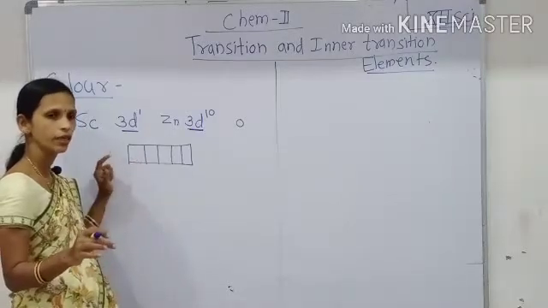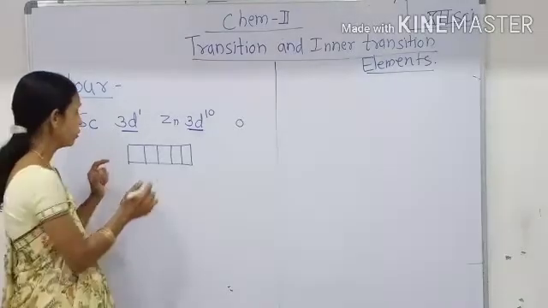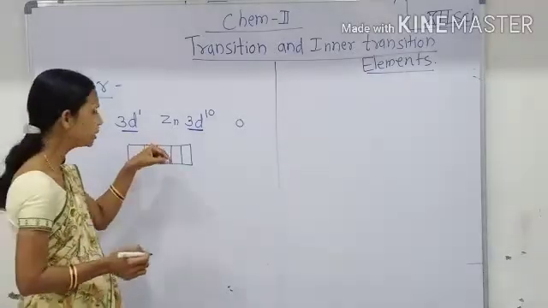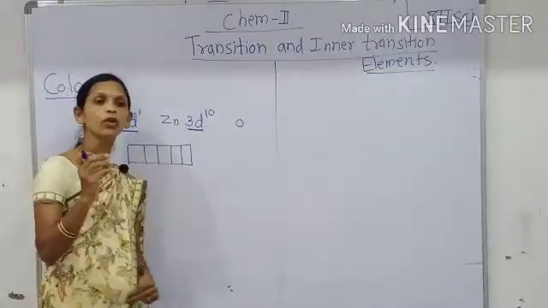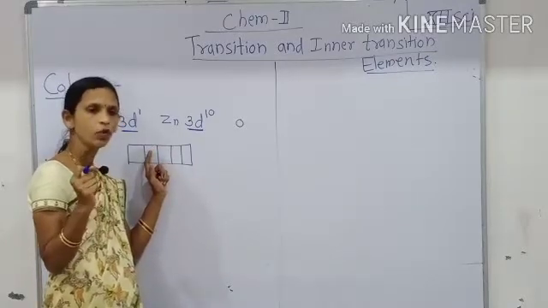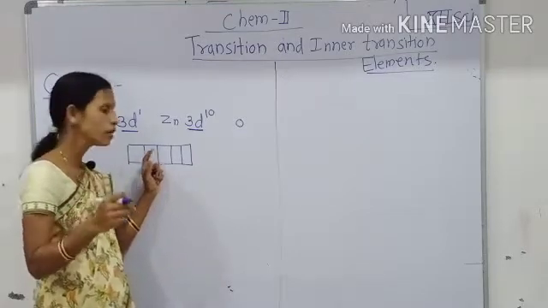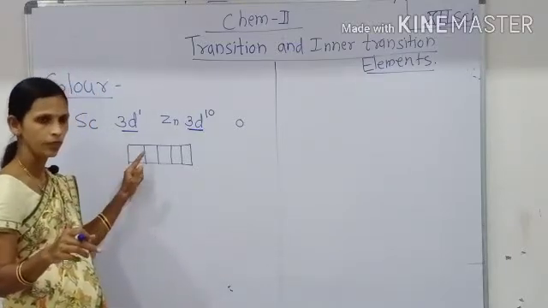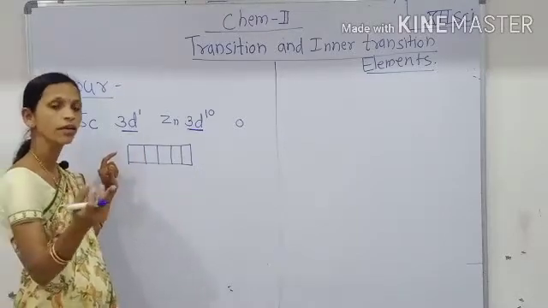Depending upon the unpaired electrons, we can determine the color of the element. When a beam of light falls on the element, it absorbs light energy of a particular wavelength from the electromagnetic radiation, and that energy is absorbed by the unpaired electron present in the orbital, and it is promoted to a higher energy level.